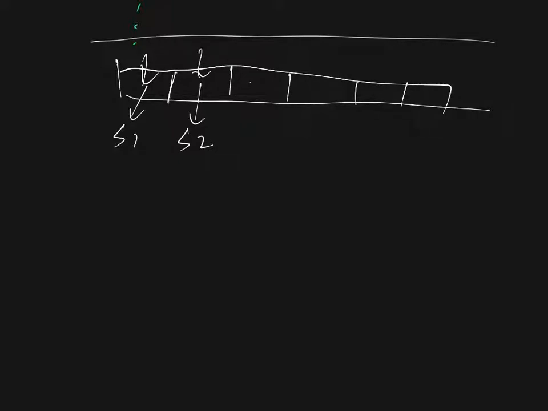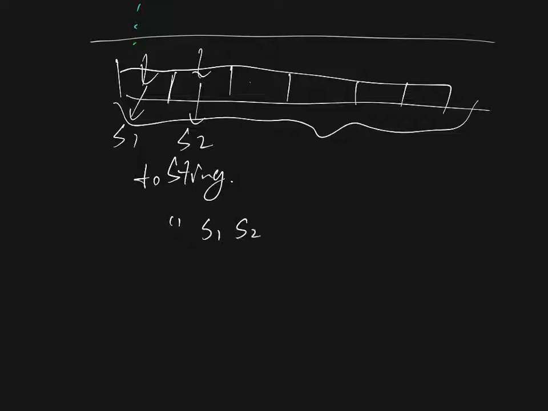Until the very end, you call toString on your string builder. Then it's going to copy everything in here and make a new string for you. So it's only going to copy n times, where n equals the character length of the final string. So it's a lot more efficient.